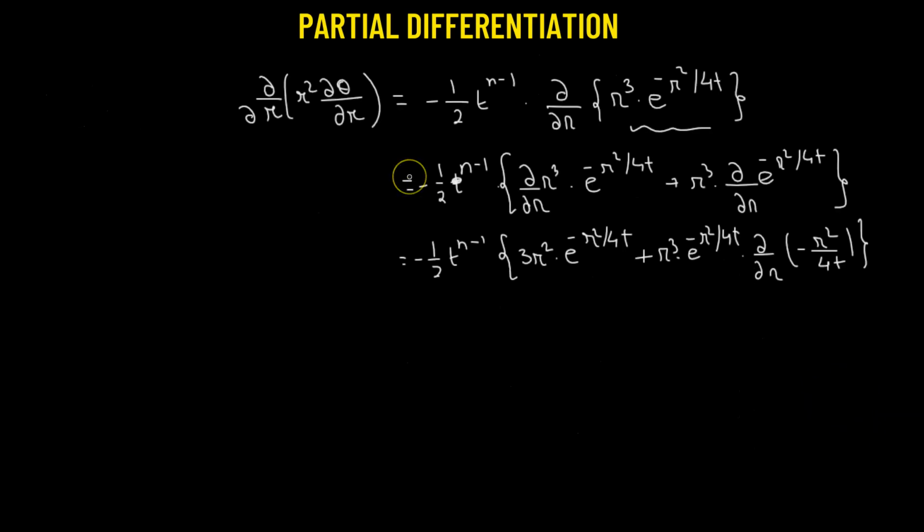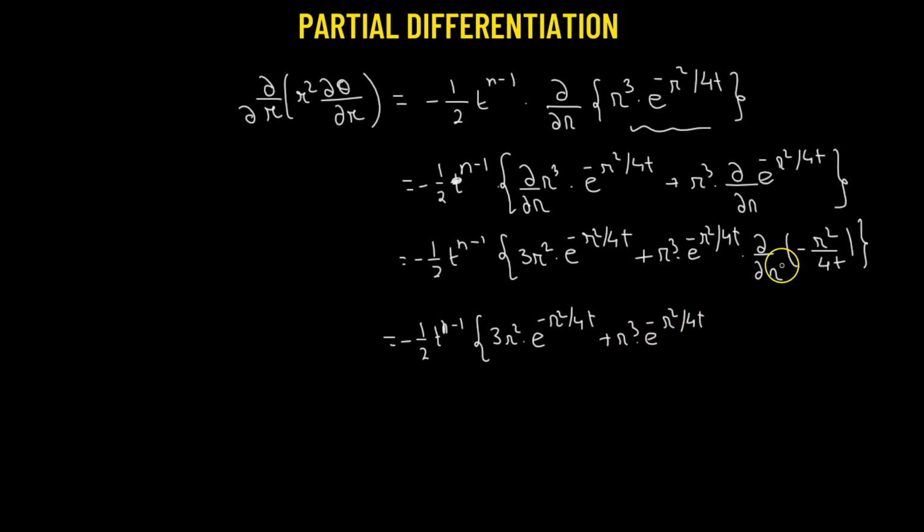Further simplification gives us negative half times t raised to the power of n minus 1 multiplied by 3r squared times e raised to the power of negative r squared over 4t plus r cubed multiplied by e raised to the power of negative r squared over 4t.